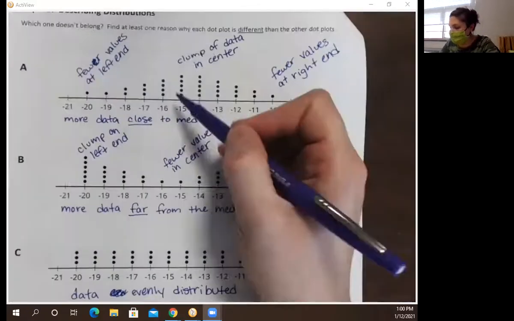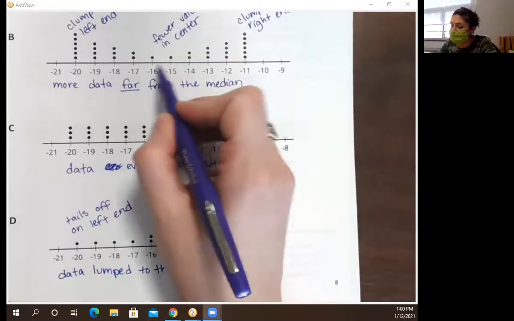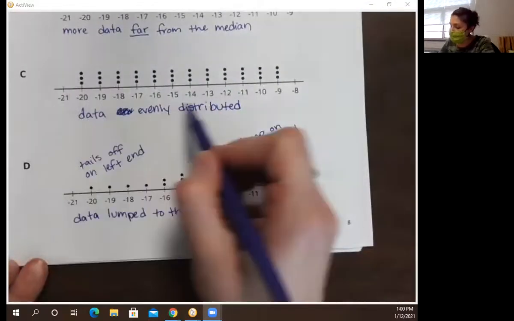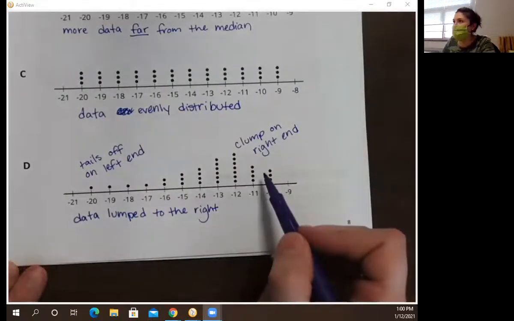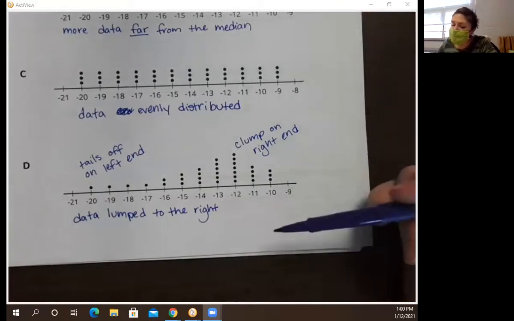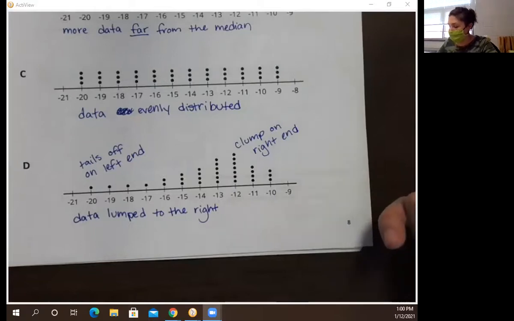A clump in the center, a lot of values close to the median. A dip in the center, a lot of values far from the median. Evenly distributed data or data that's lumped on one end or the other. So all of these different types of distributions have names, and that's what we're going to talk about next. So do we have any questions on page 8?